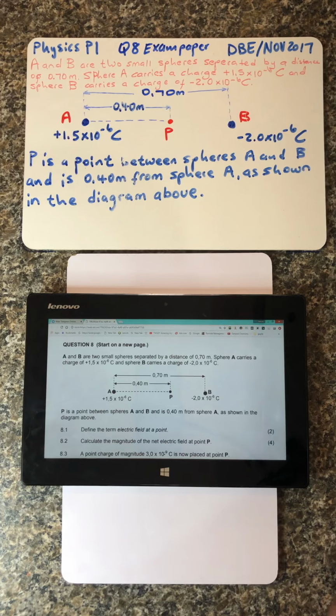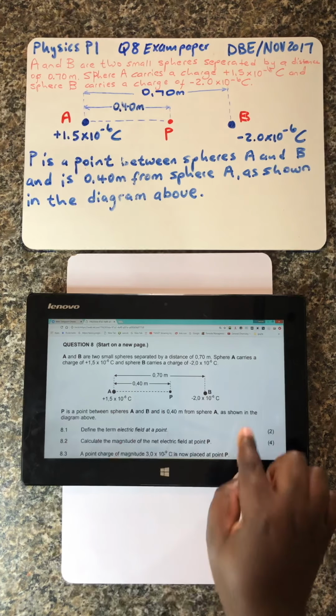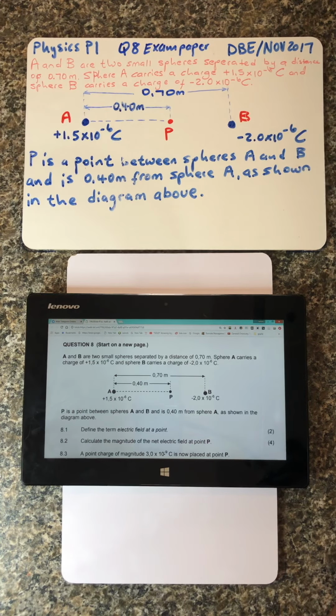As you can see below the diagram, there's also a statement which says P is a point between A and B, and it's 0.40 meters from sphere A, as shown in the diagram above.